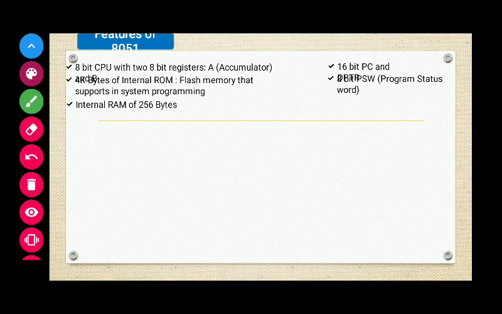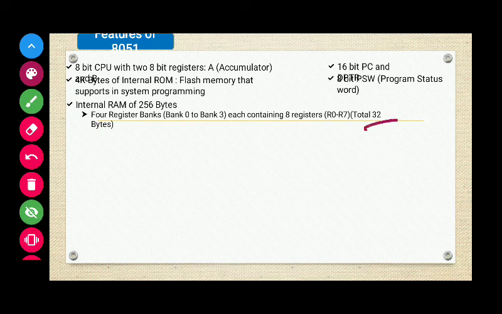This internal RAM of 256 bytes is divided into a number of sub memories. It has 4 register banks, bank 0 to bank 3. Each register bank contains 8 registers, and there are 4 register banks, so a total of 32 bytes are used for register banks.